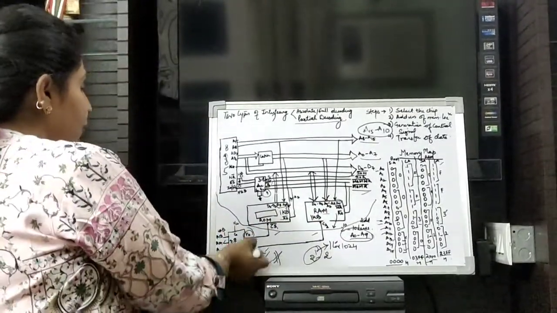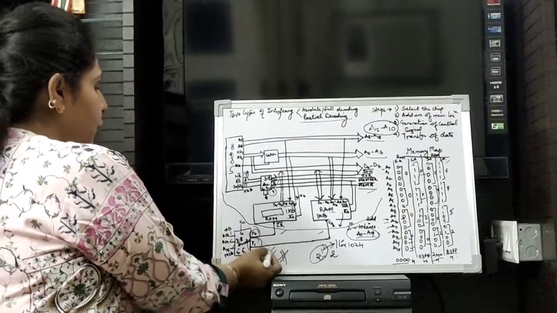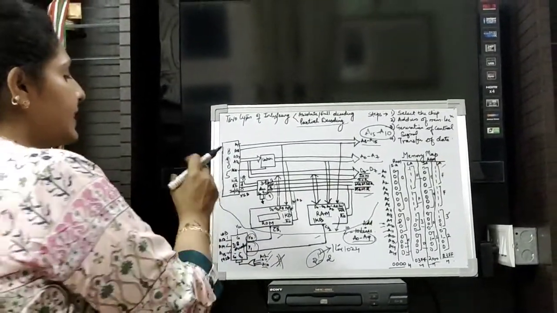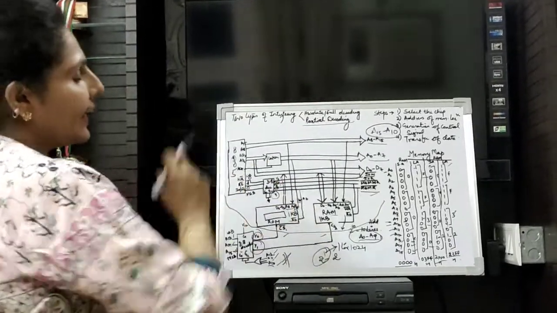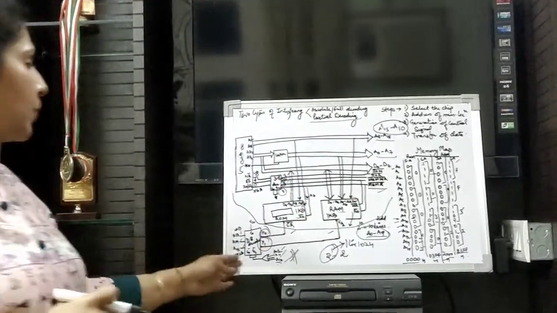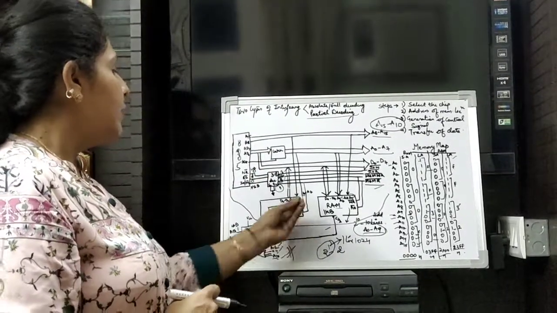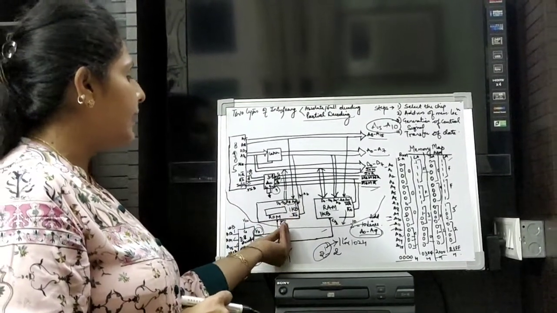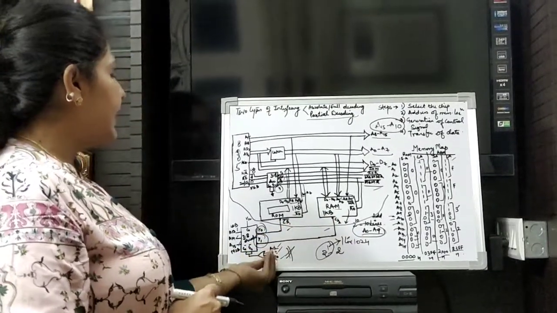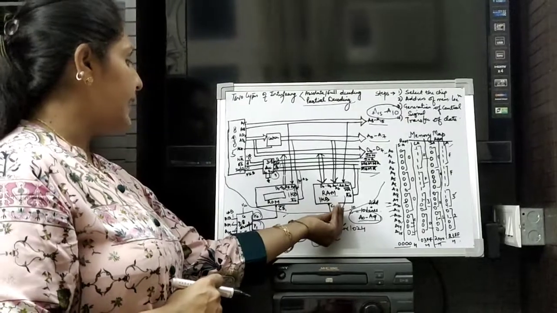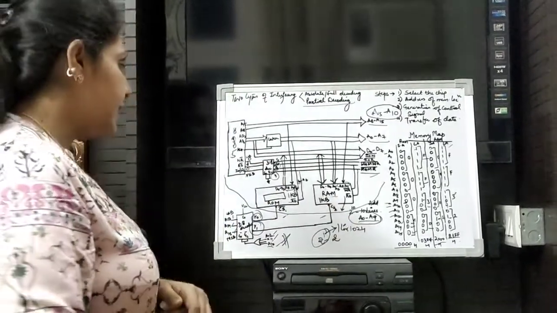So instead of using 6 different address lines, we can take only one address line. Suppose I have taken A10. A10 is the address line used for chip select 1 and chip select 2. When A10 is 0, it selects chip select 1. When A10 is 1, it selects chip select 2.